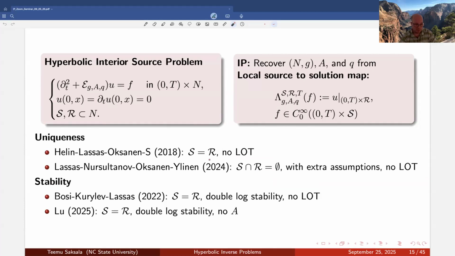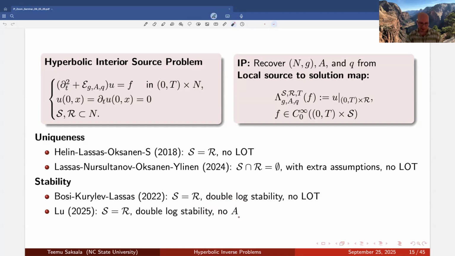Also, there is a stability result related to this direction by Bosi, Kurylev, and Lassas, where they again prove this kind of double log stability for recovering the metric with no lower order terms, and a very recent paper by Jinpeng Lu, where he again proved this double log stability for both the metric and the potential Q, but I don't remember, in his paper there is no first order term.